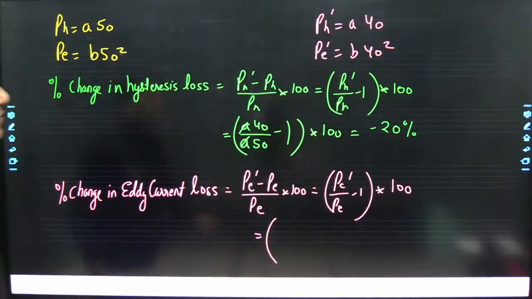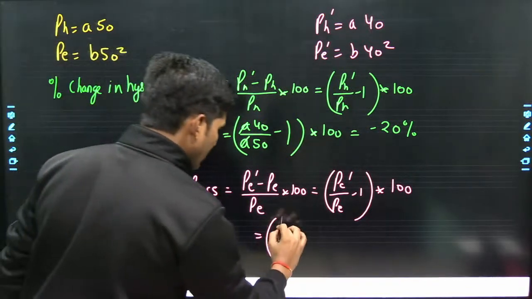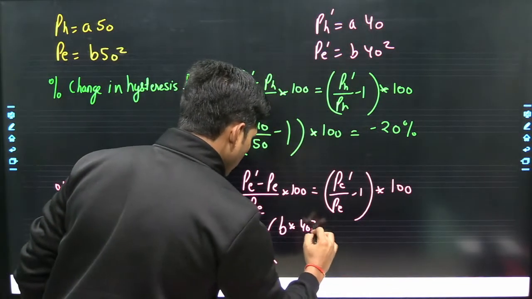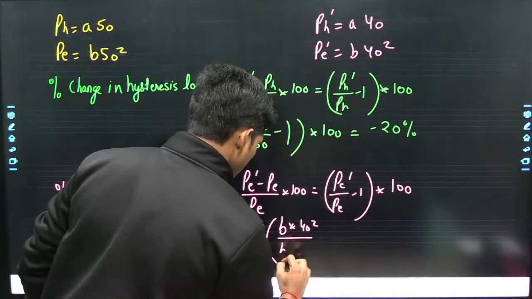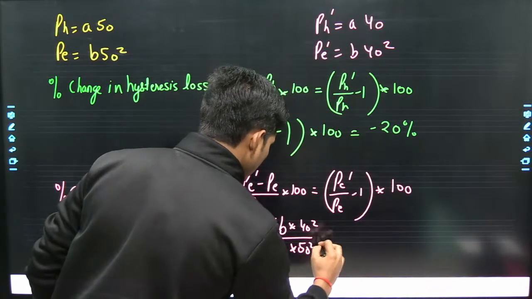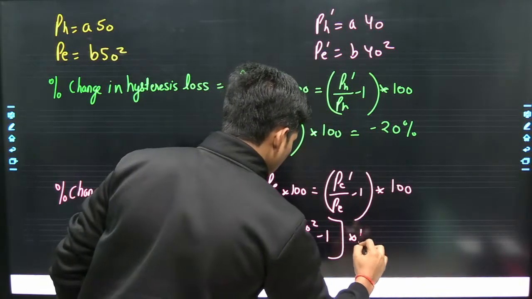Now put the values: B into 40 square upon B into 50 square, minus 1, into 100.